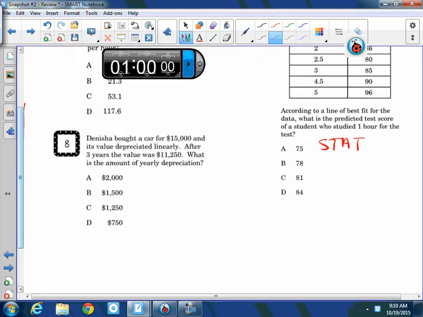And your equation was y equals, I think it was 3.9x, or you can round it to 4, plus 74.1. And then if it was 1 hour, that x needs to be substituted by 1. And then the closest one was 78. That should not have taken a whole lot of time. Everybody should have gotten it right, right?